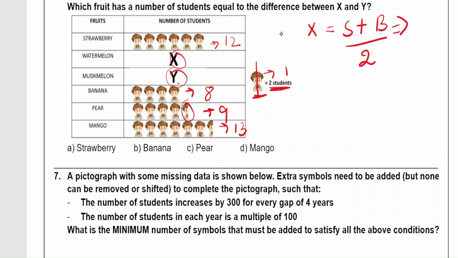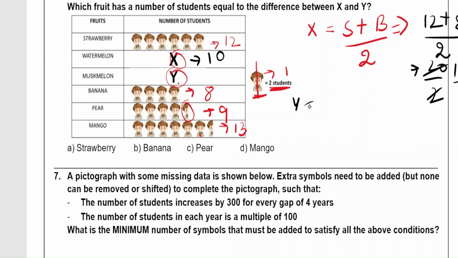Strawberry is liked by 12 students, we have identified it. Next comes banana. Banana is liked by 8 students. So 12 plus 8 is 20, and 20 divided by 2 is 10. So watermelon is liked by 10 students, right?